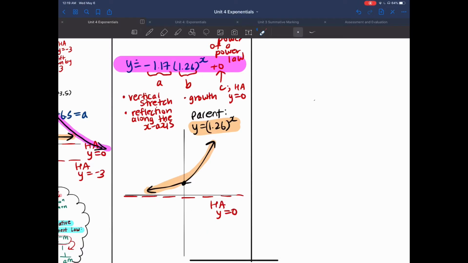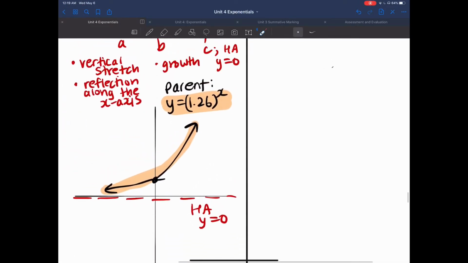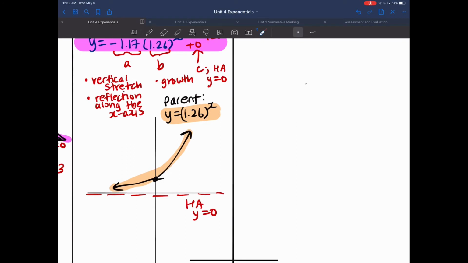Meanwhile, the 1.17, I need to also consider that as well, meaning that I am going to draw my scale, and so my distance between my horizontal asymptote to my new y-intercept must be so that it has a value of negative 1.17.